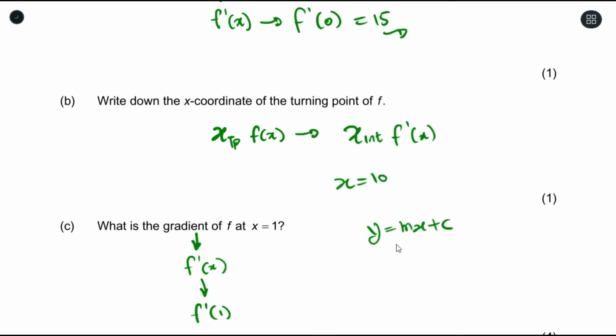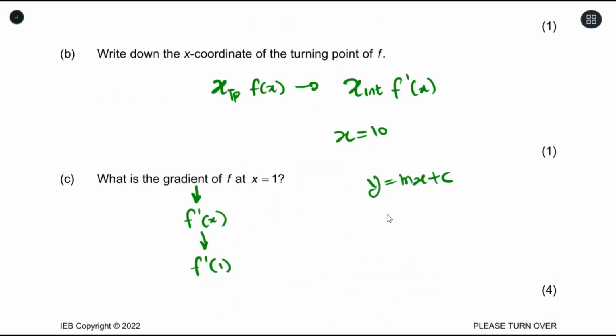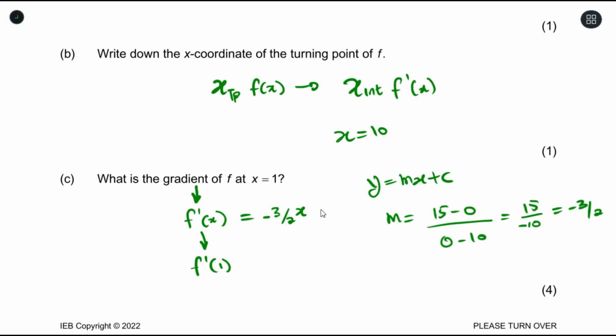So what I'm going to do with this, I'm going to find my gradient, then find my y-intercept, which represents the c. So the gradient would be 15 minus 0 over 0 minus 10. Okay, so when you get this here, this would be 15 over negative 10, which is negative 3 over 2. Okay, so my equation would be negative 3 over 2 x, and since the y-intercept is 15, I think, right?